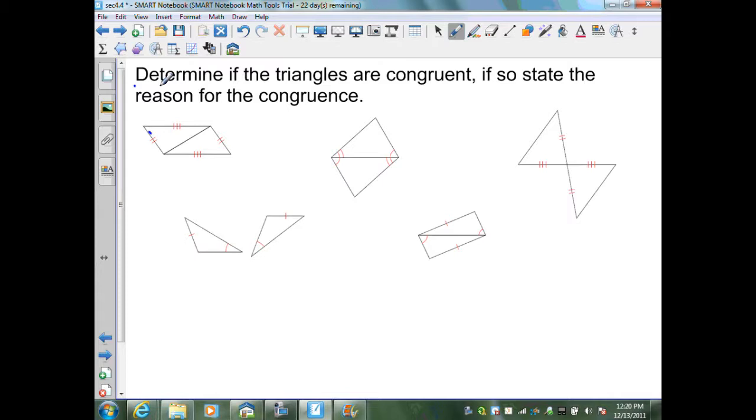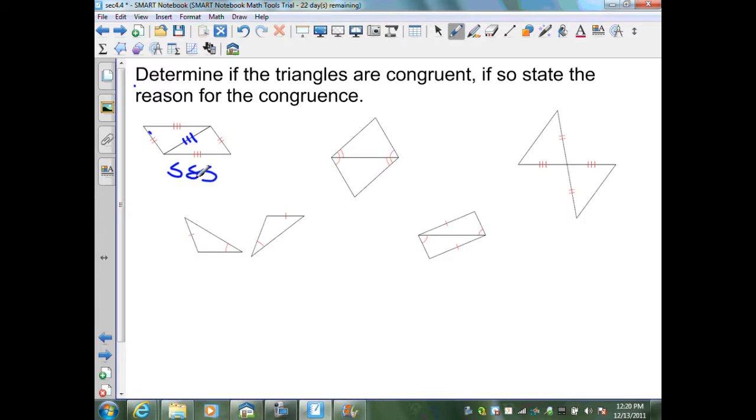So here, we want to determine if the triangles are congruent, and if so, state the reason for the congruency. So on this first diagram, I'm given 2 segments that are congruent. What I can do is realize that the segment in between the 2 triangles are joined, and I can call that the reflexive property. And now what I have is the top triangle congruent to the bottom triangle by side, side, side.